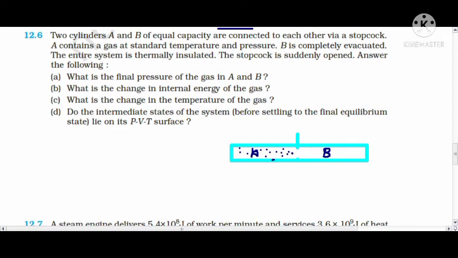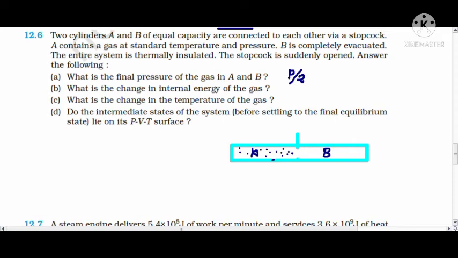Part A, what is the final pressure of the gas? You can see the final pressure of the gas becomes P by 2, half of the initial pressure. What is the reason? Because the volume of the gas becomes double. Then part B, what is the change in internal energy of the gas?